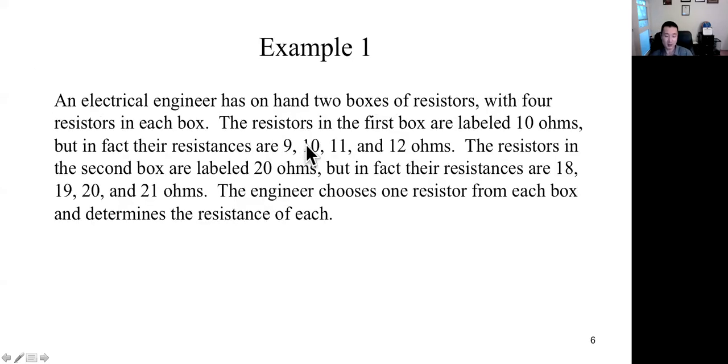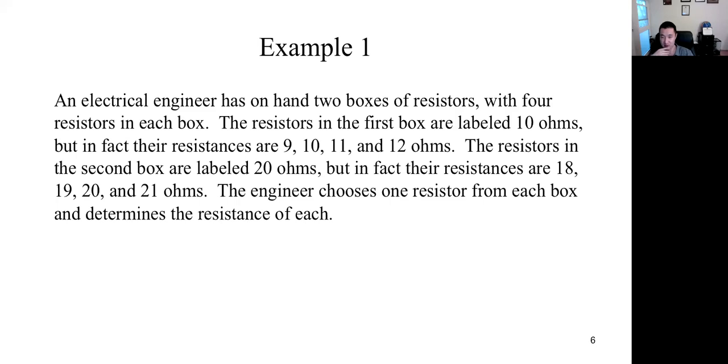Go back to the example of resistors. So we have 2 boxes of resistors, with 4 resistors in each box. The resistors in the first box are labeled 10 ohms, but in fact, the actual resistances are 9, 10, 11, and 12.